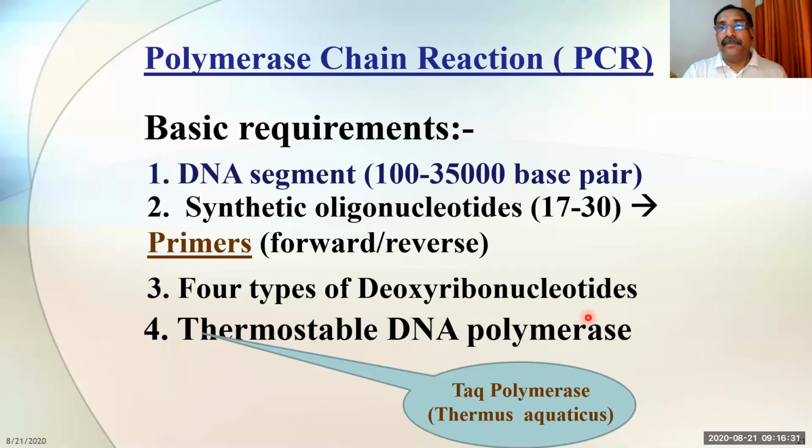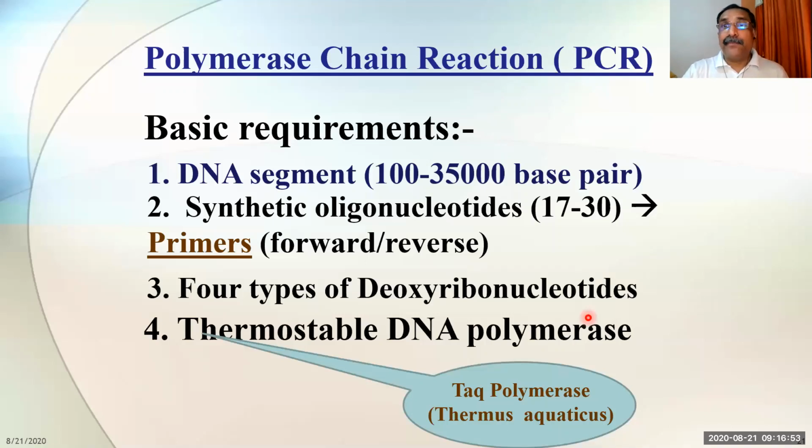Because the polymerase chain reaction we are running there is at high temperature, so the enzyme should survive at high temperature. That is why a thermostable DNA polymerase enzyme is required. So I repeat the points. Number 1, you need a DNA, that is, the gene.